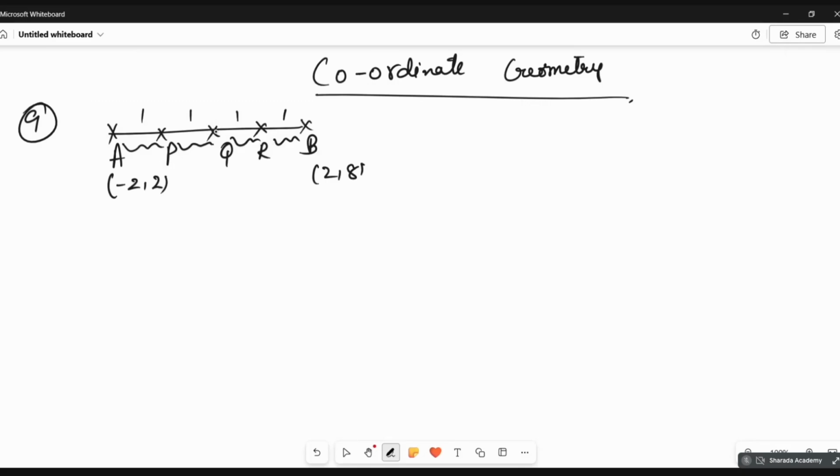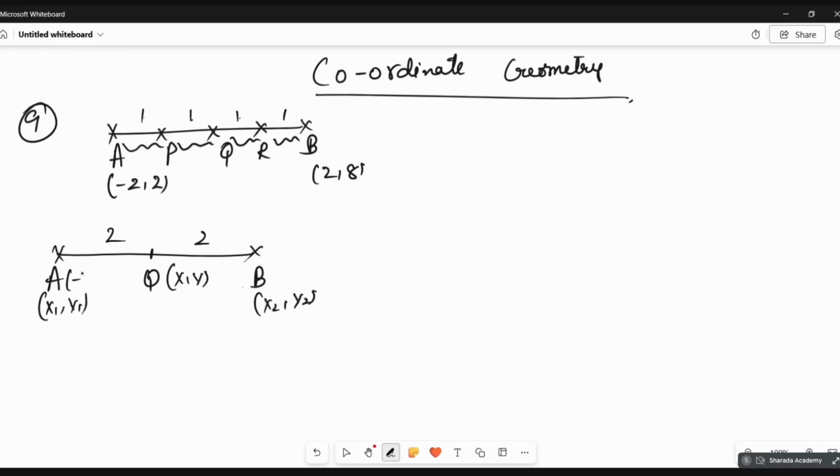So first I will take the Q point. This is A, Q and this is B. Here you have 2 parts and here QB also 2 parts. 2:2, that is 1:1 will be the ratio. So Q point is x comma y, A point x1 y1, B point x2 y2. A is minus 2 comma 2, B is 2 comma 8.